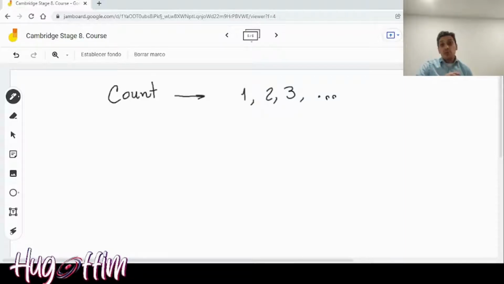So the numbers we use to count are natural for everybody. It's the first thing that you learn. So this is why we call them the natural numbers.